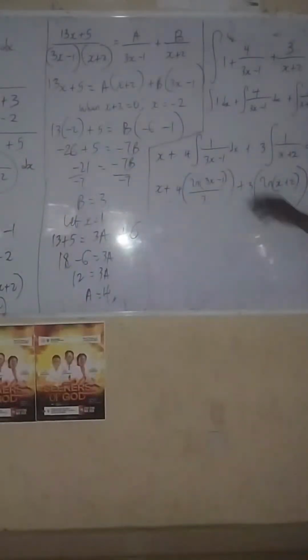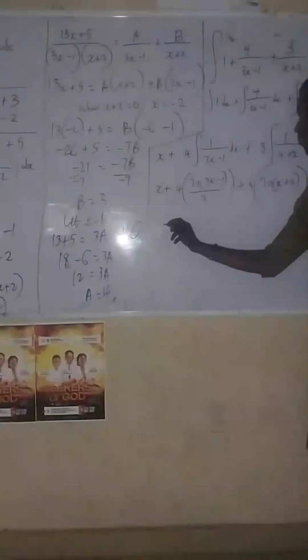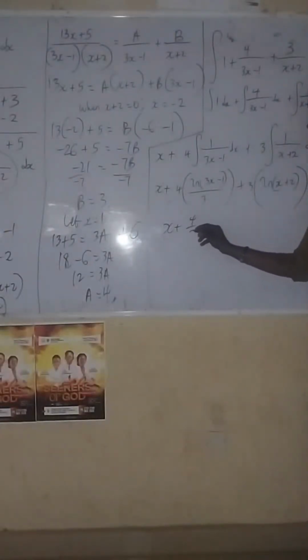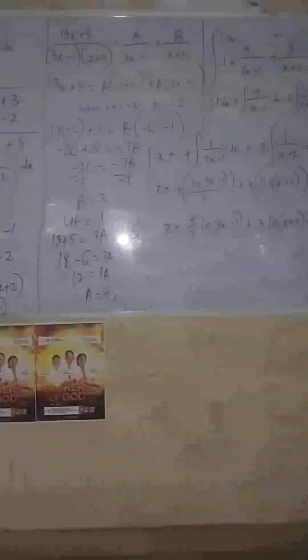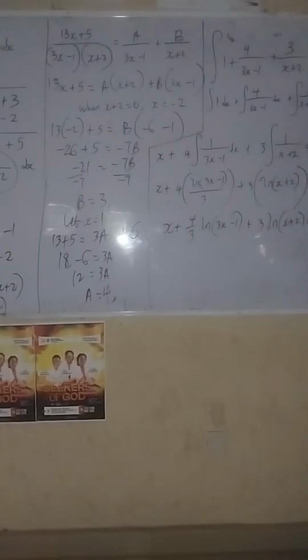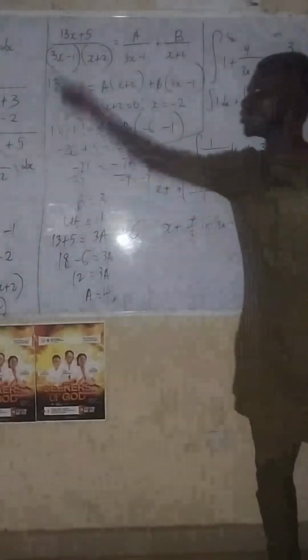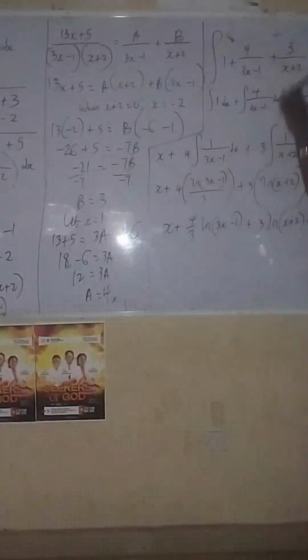Plus c. Now if we multiply what's needed there, that means we have x plus 4 over 3 ln 3x minus 1 plus 3 ln x plus 2 plus c. That's the answer to that question. So that's integral by partial fraction. It can be done within 1 minute at most.